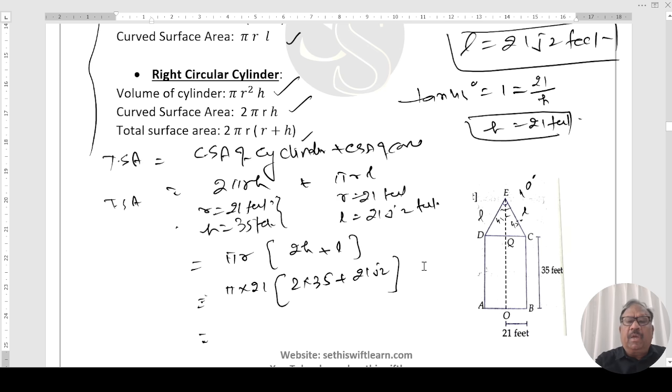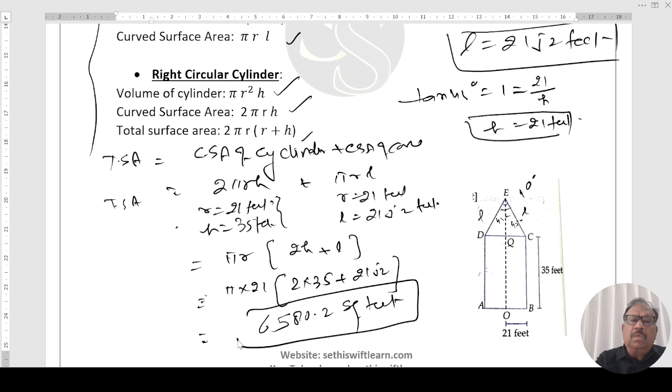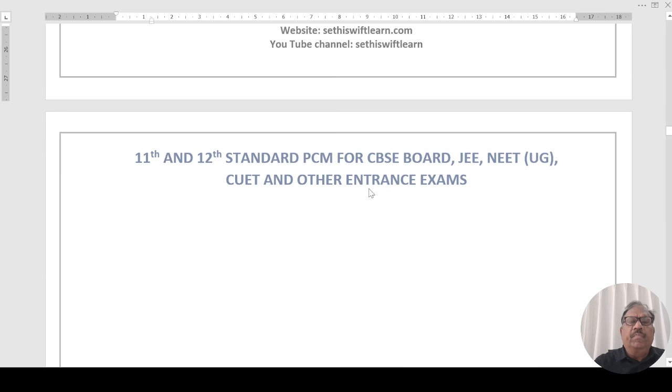On simplification, we get 6580.2 square feet. This is the answer for the total surface area. Total surface area is the part which is visible to the person, right? This is visible, this is visible. Now to find the volume.